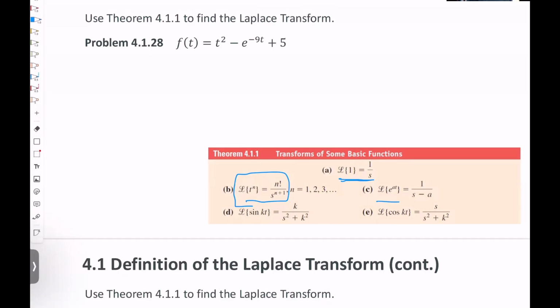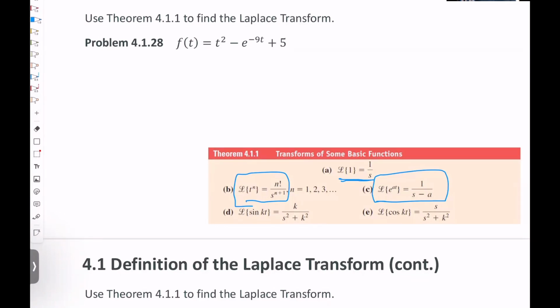Laplace transform of e to the at is 1 over s minus a. Sine kt to k over s squared plus k squared, cosine kt s over s squared plus k squared. So you don't have to remember any of those. The table for the Laplace transform is given, so you know how to use them and find the right pairs.